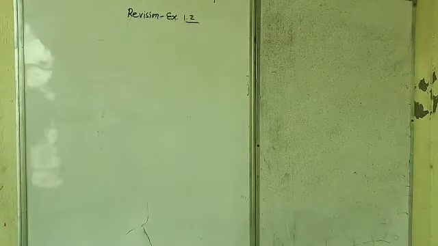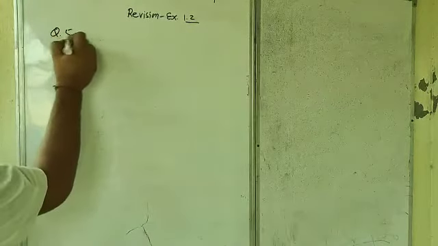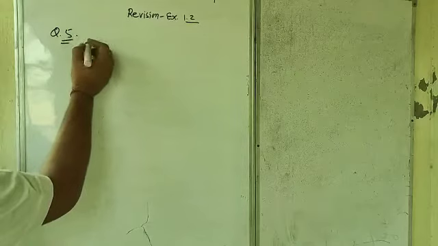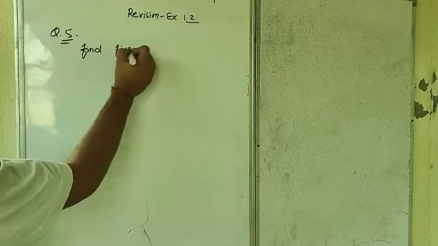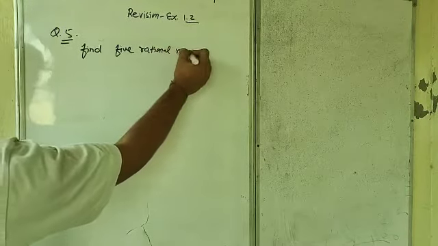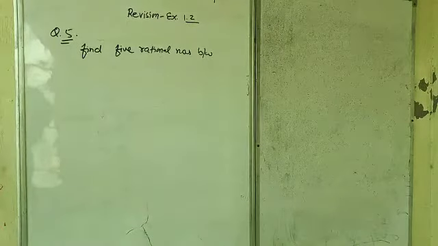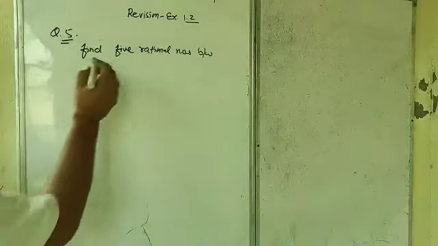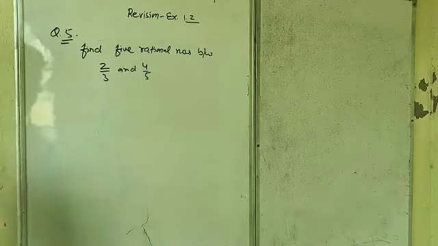Find 5 rational numbers between, similar question है, you are again watching the same kind of question. Find 5 rational numbers between 2/3 and 4/5.